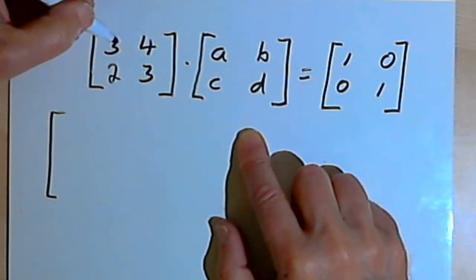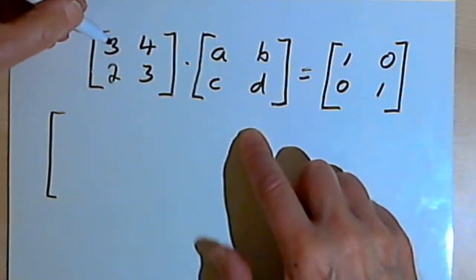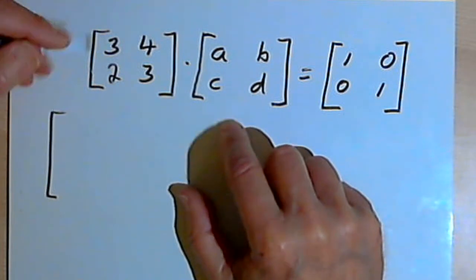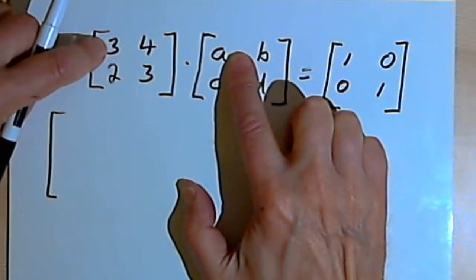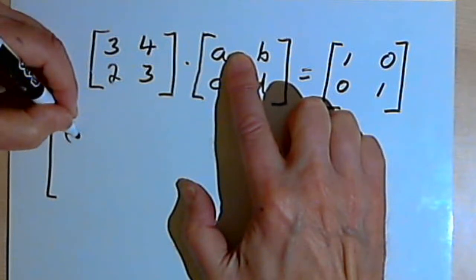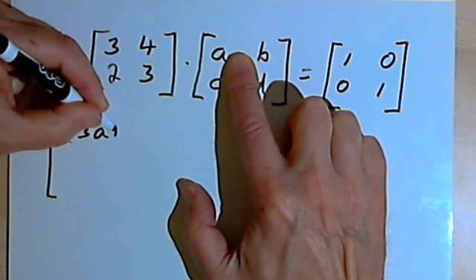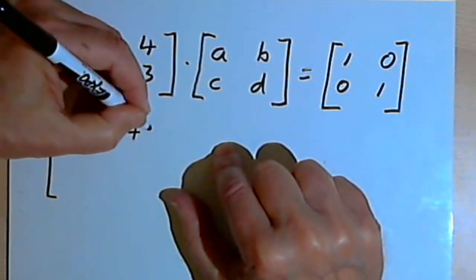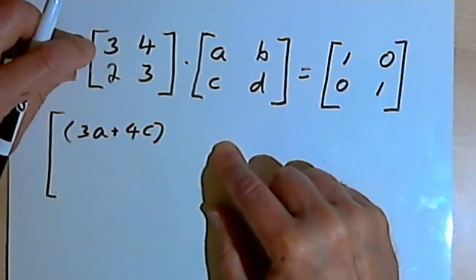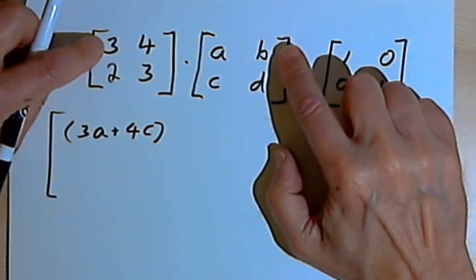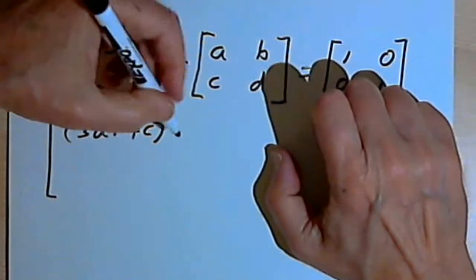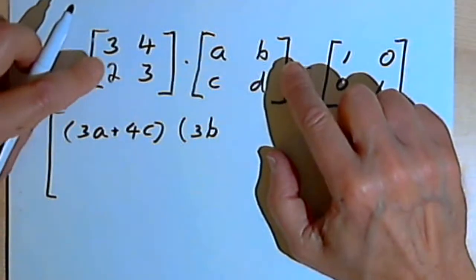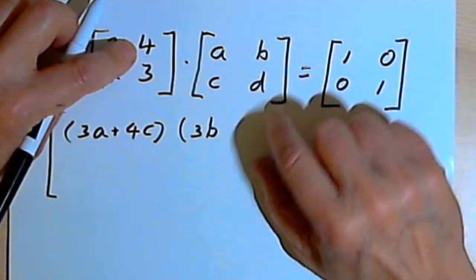If I multiply the first matrix by the second matrix, and I want the element in the first row, first column, I'll multiply 3 times A, that's 3A, plus 4 times C, so that's 4C. Then for the first row, second column, I'll multiply 3 times B, 3B, plus 4D.